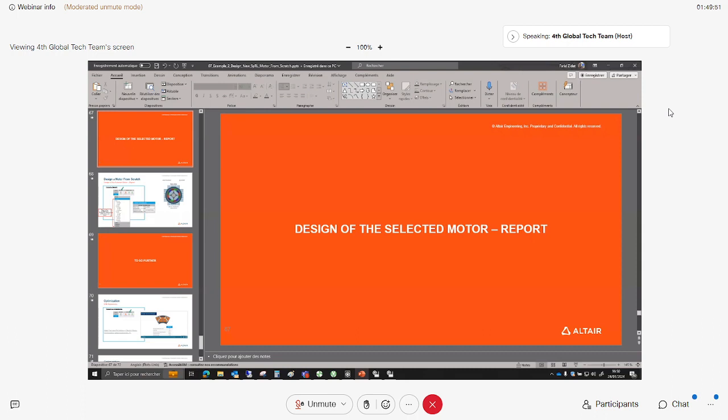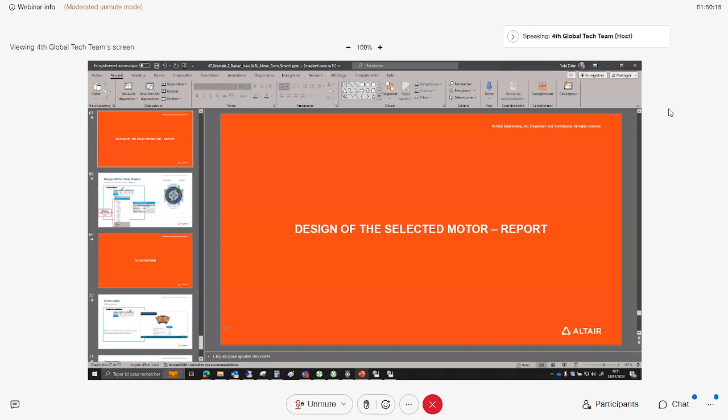Then I have a question from Oscar. Can we export NVH analysis or force map into other Altair software like OptiStruct, for instance? No, from Flux Motor directly, no, but you have to go through Flux, and in Flux, there is a possibility to link a mechanical mesh imported from OptiStruct to Flux and make this NVH analysis.